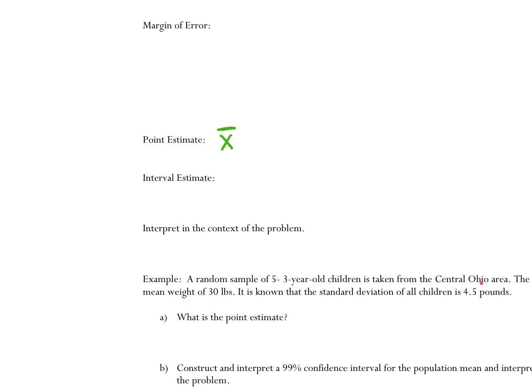Our previous margin of error was z star times the square root of p hat q hat over n. Here, our standard deviation is sigma over the square root of n, and that sigma is the standard deviation of the population.